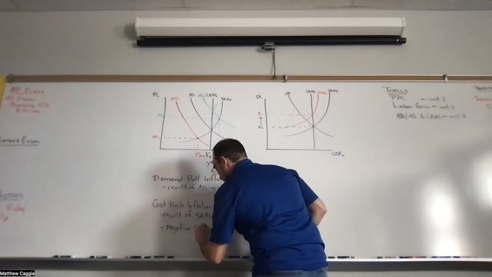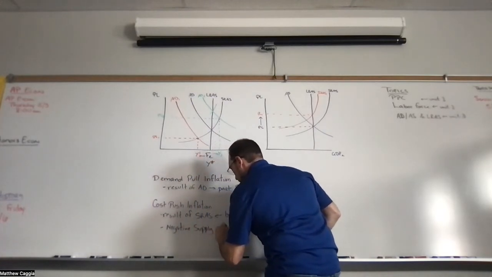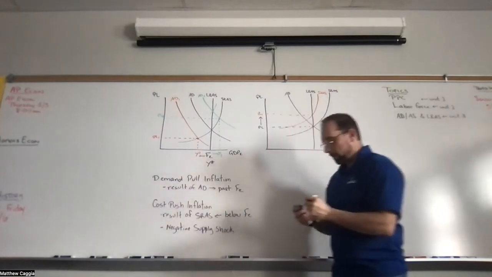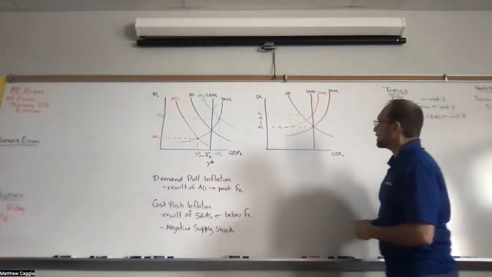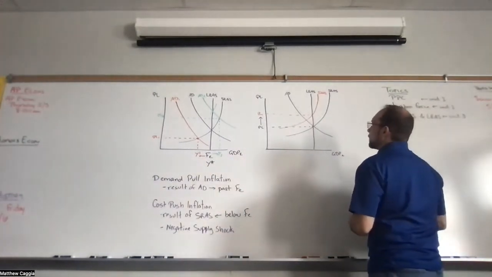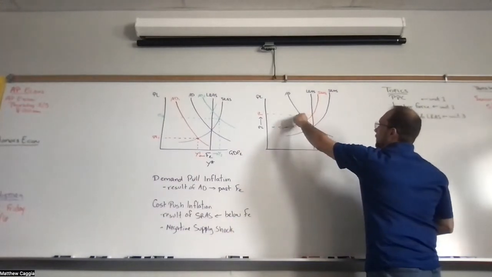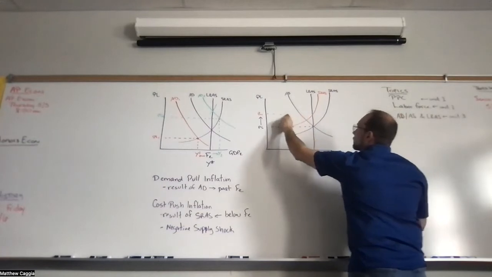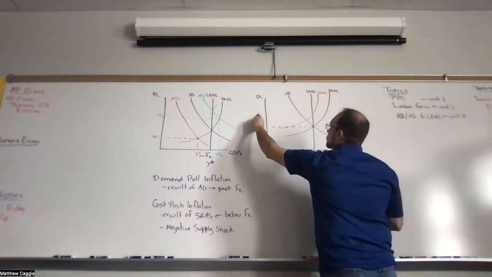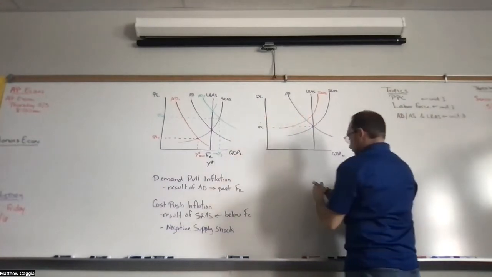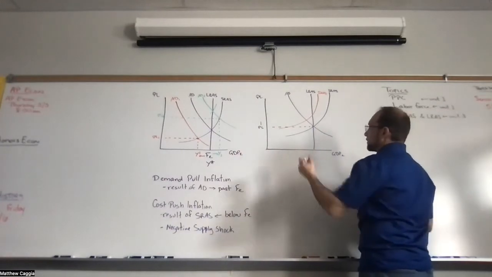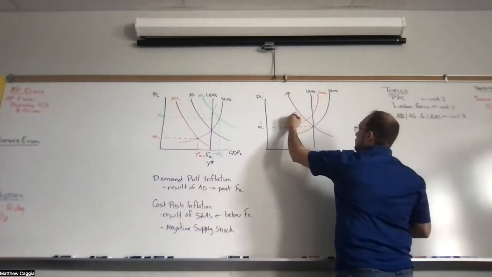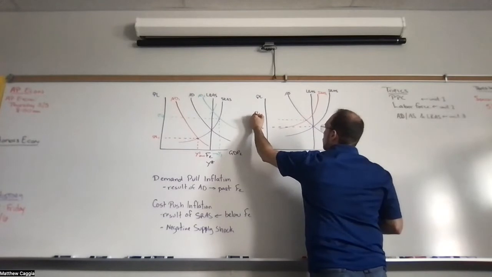Exactly. The problem with this is not that we're just getting a higher rate of inflation. Actually, I drew you the wrong point. My apologies. It's actually where aggregate demand and aggregate supply meet, not where they meet long run. My fault.